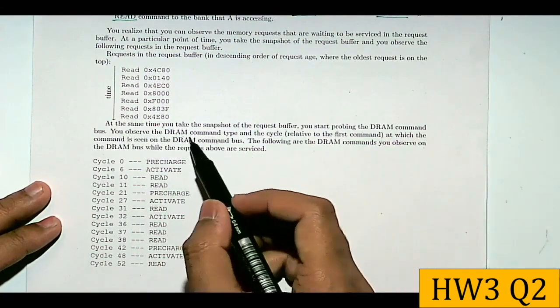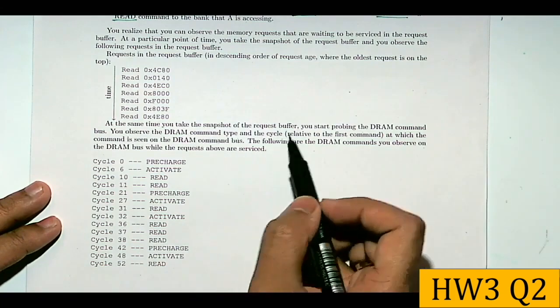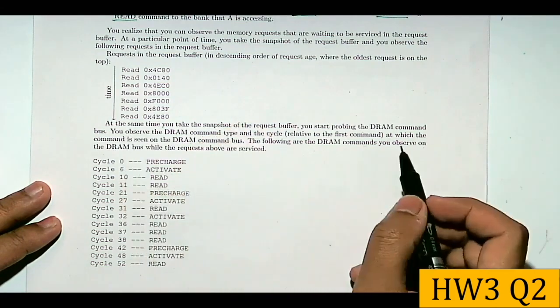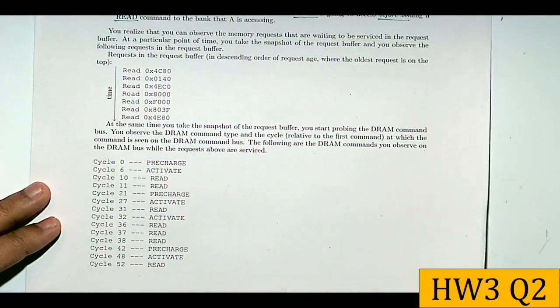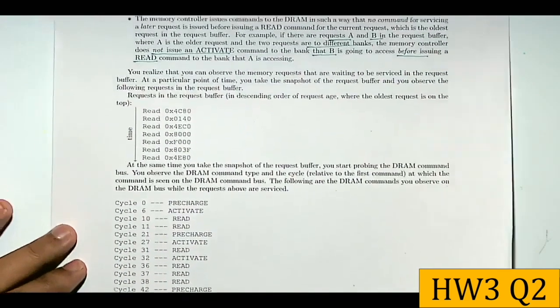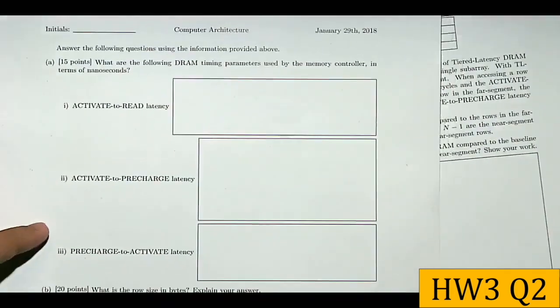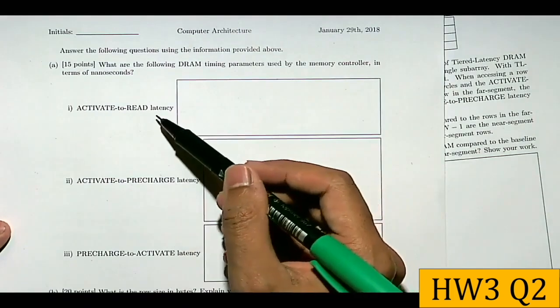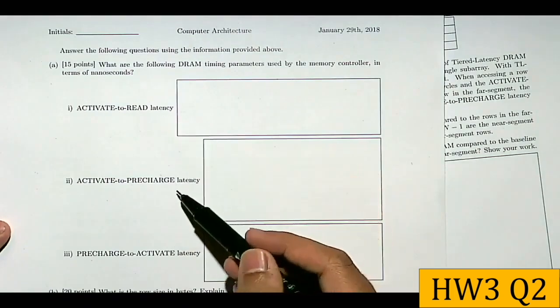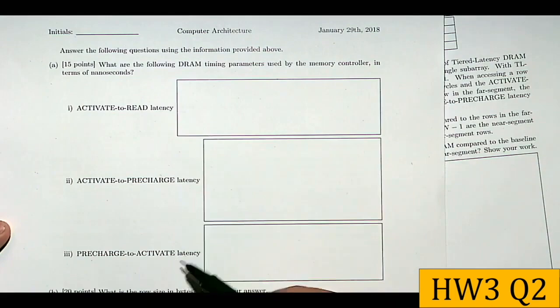You observe the DRAM command type and the cycle at which each command is issued. And the following are the DRAM commands that you are seeing. Make sense? Then the questions ask for the activate to read latency, activate to precharge latency, and the precharge to activate latency.